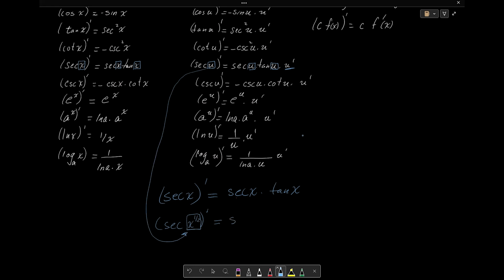So that will be secant of the thing, tangent of the thing, times the derivative of the thing. Now this is secant square root of x, tangent square root of x, times the derivative of x to the 1/2, which is 1/2 x to the negative 1/2.